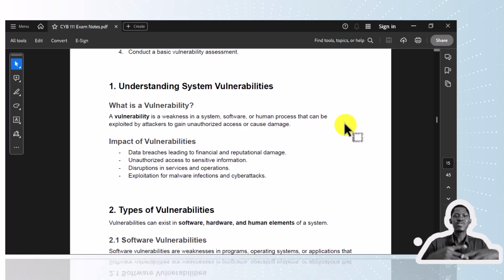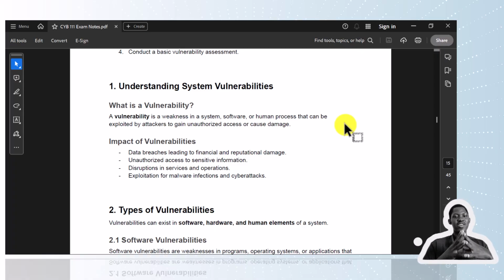Now, what are the impacts of vulnerabilities on cybersecurity? Data breaches leading to financial and reputational damage. So if an attacker can exploit your system to gain unauthorized access, one of the impacts can be data breaches, which means data gets leaked out, right? Leading to financial and reputational damage.